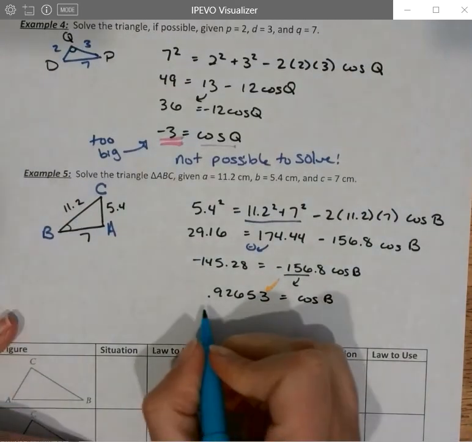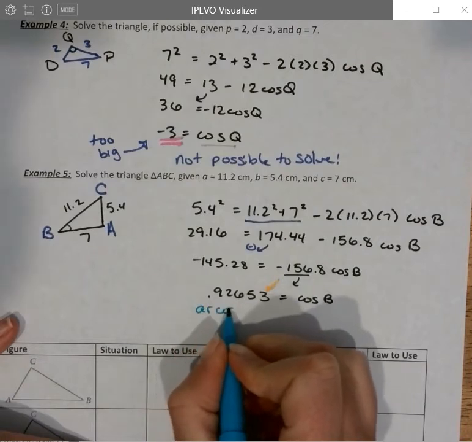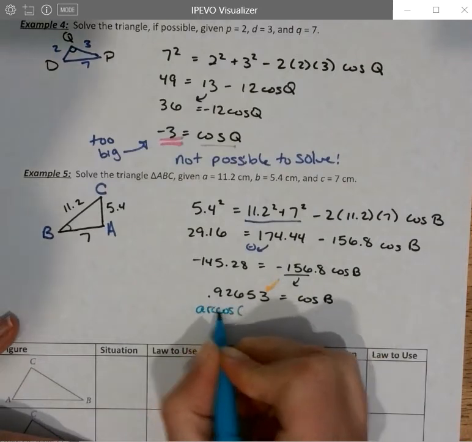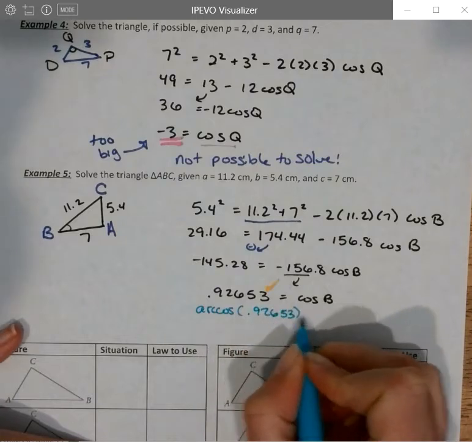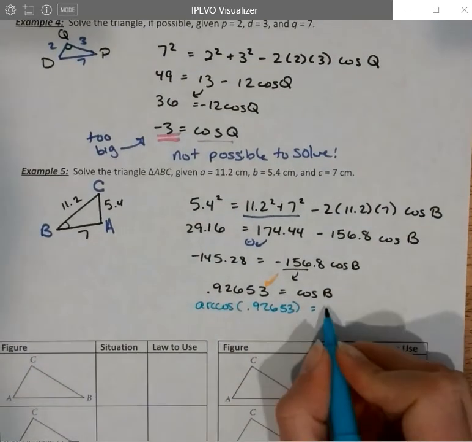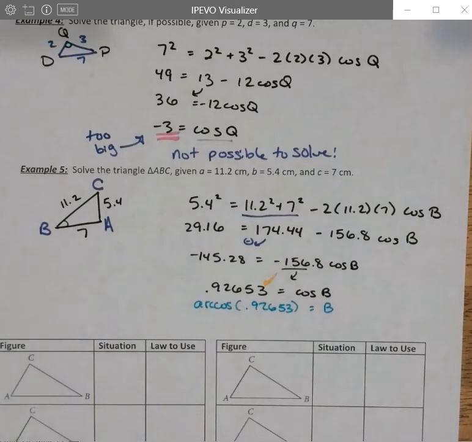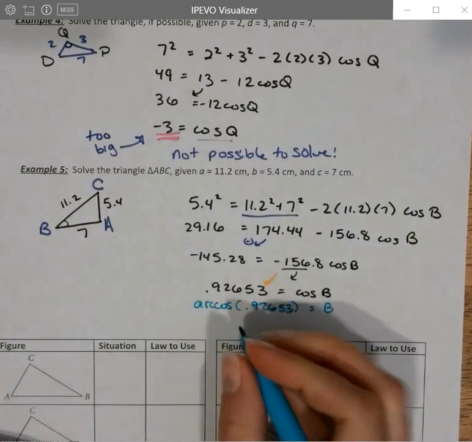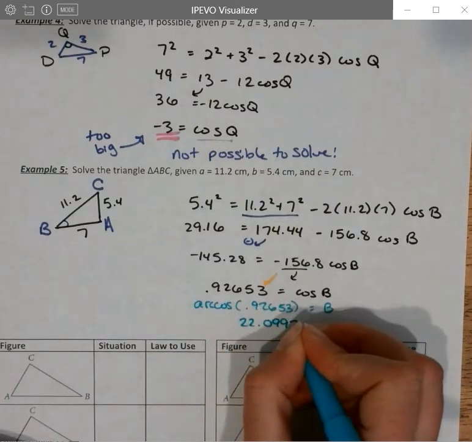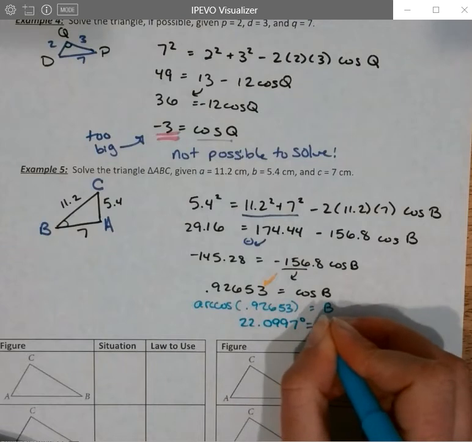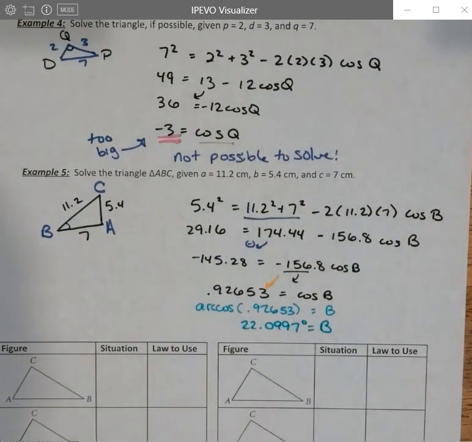So if we take the arc cosine of 0.92653, if we're in degree mode, it's going to give us our B value. And so, using the arc cosine button on the calculator, I get 22.0997 degrees for B.